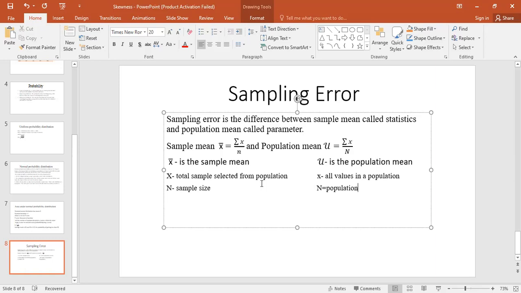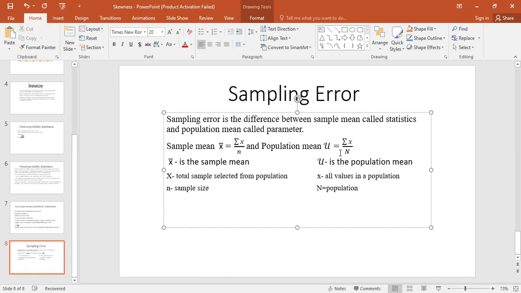Small n is the sample size, the number of samples selected, and their average will be your sample mean.